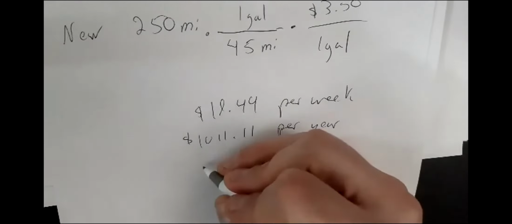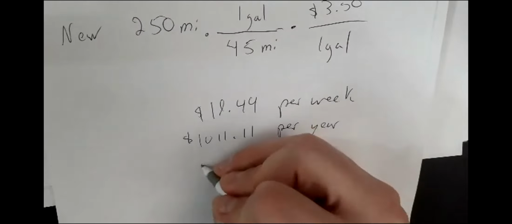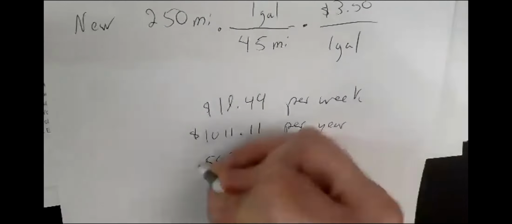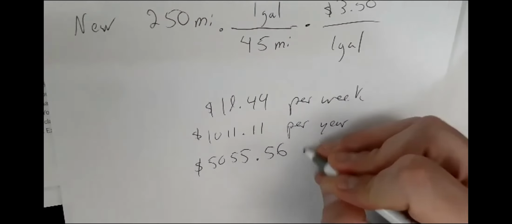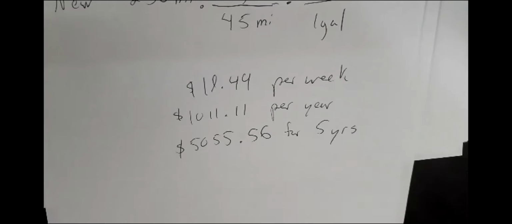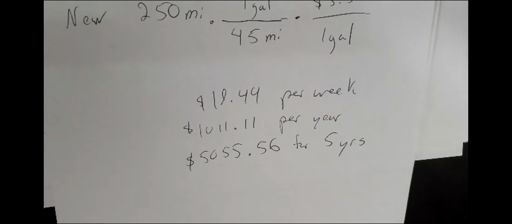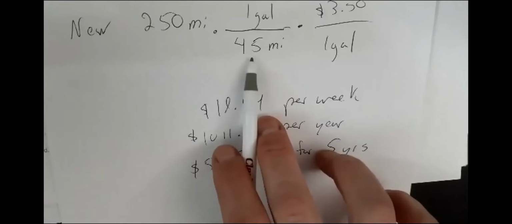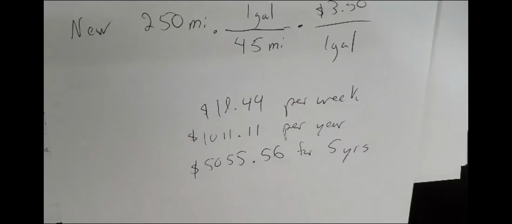So $5,055.56, probably rounded up a penny. So this should look pretty analogous to the thing that you did. We're just changing this one number for the new car.